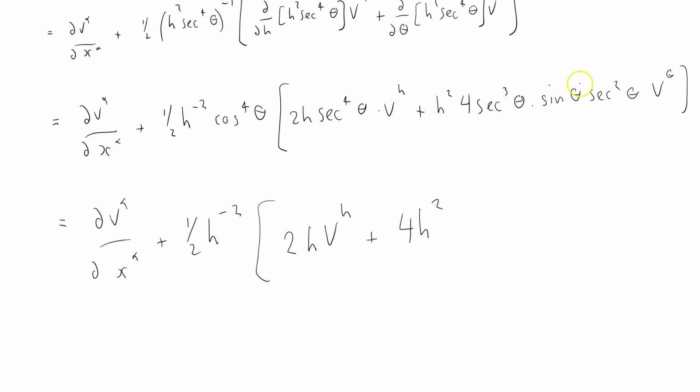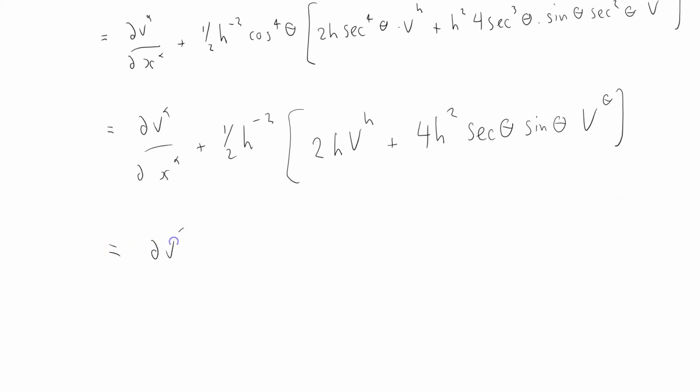I've got sec to the power 5 here and cos to the power 4. So what have I got left? I've got 1 sec θ. Is that right? Yeah. So I've taken account of that term, and I've got a sine θ here times v^θ.